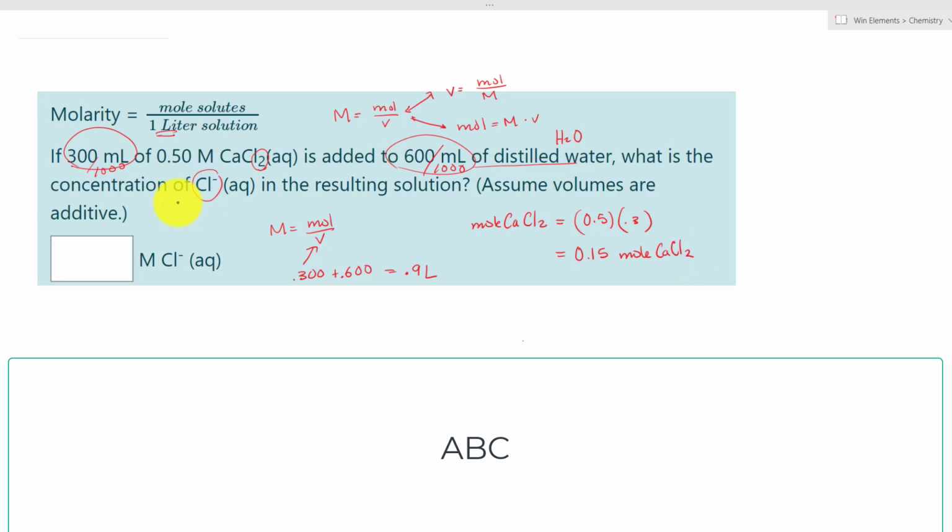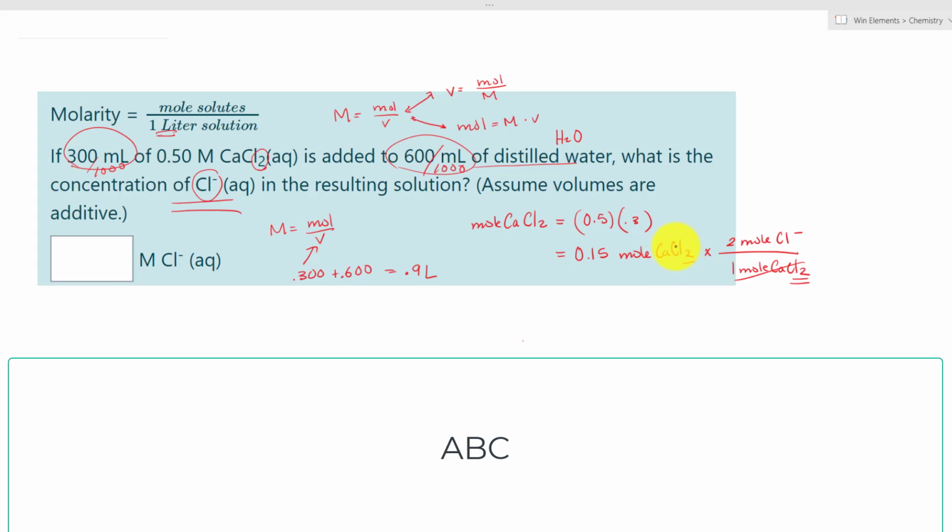But what we want to solve for is chloride by itself. So now we just use a basic mole-to-mole ratio, and that is pretty easy. 1 mole of calcium chloride is equal to 2 moles of chloride ions. That is 2 chlorides in calcium chloride. See that?